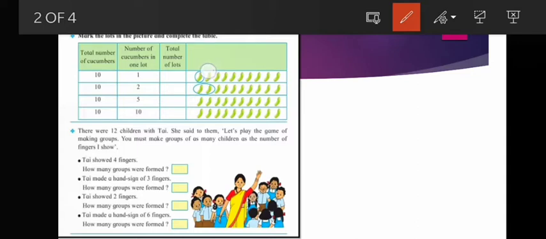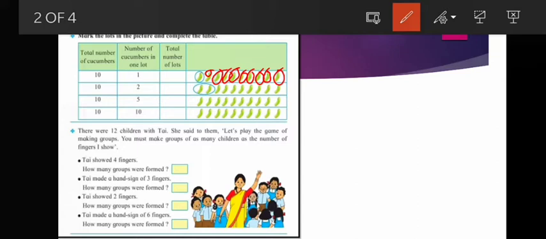Let us see. First lot, second lot, third lot, 4 lot, 5 lot, 6 lot, 7 lot, 8 lot, 9 lot. 1, 2, 3, 4, 5, 6, 7, 8, 9, 10. So how many lots can you make? How many sets you can make?